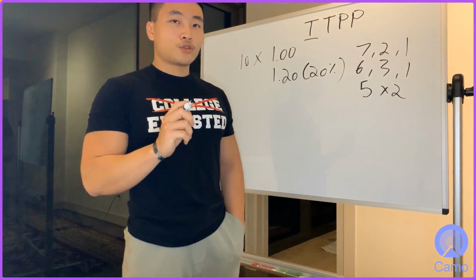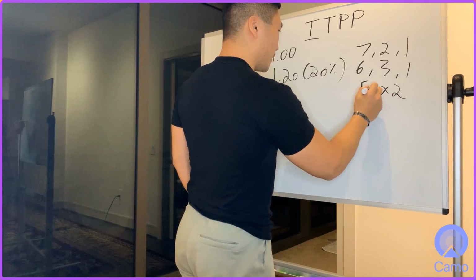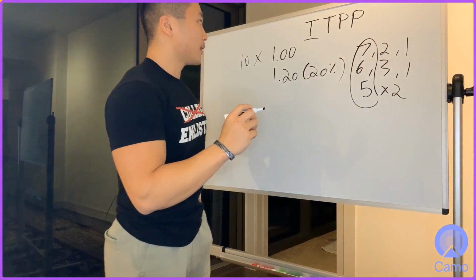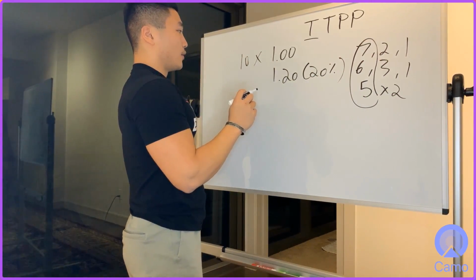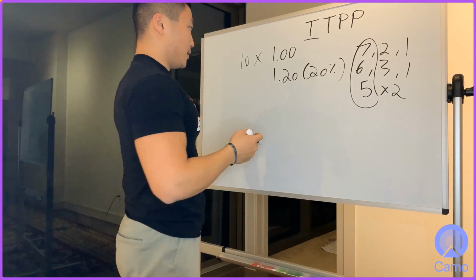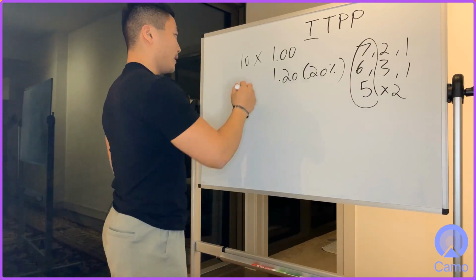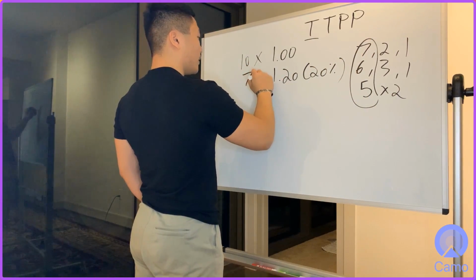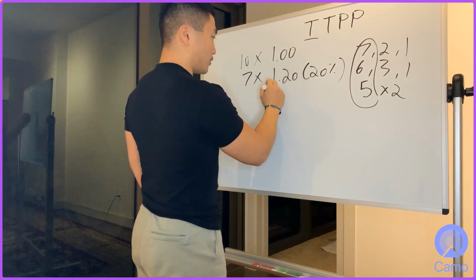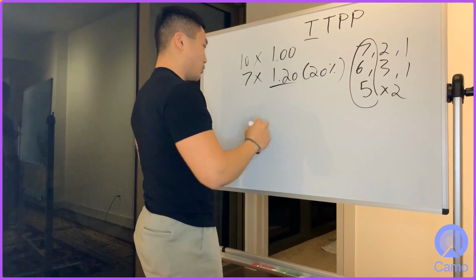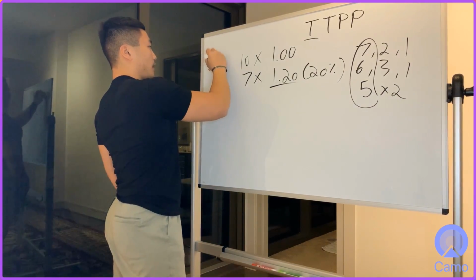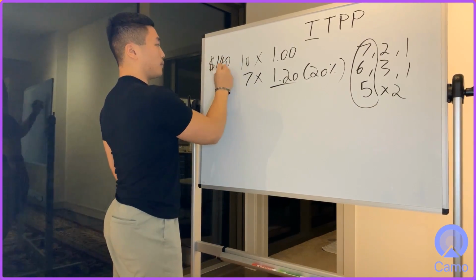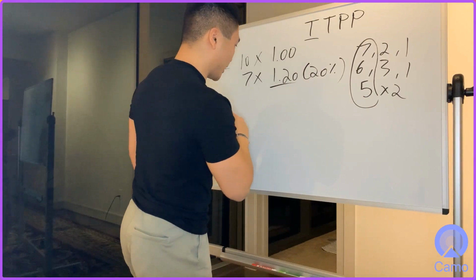But the most crucial part is the first trim. Okay? So your first trim, let's say you shave off 7 at $1.20. That gives you $140 profit secured on that trade.